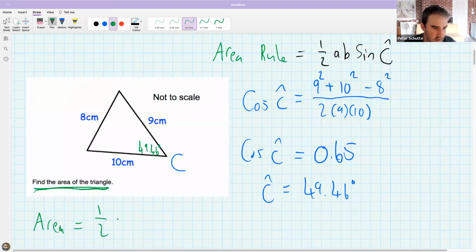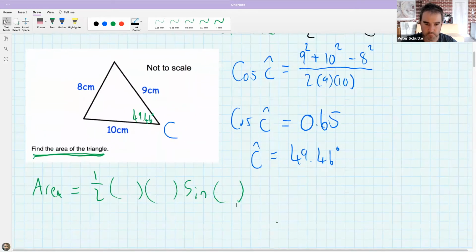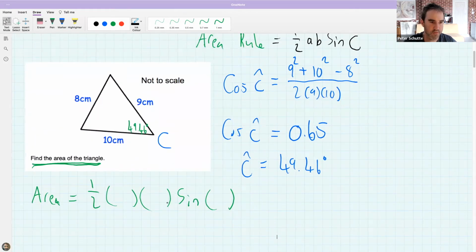To use the area rule, you are going to fill in these three pieces. What is going to go in each of these brackets? Once you've done that, pop your answer in the chat, please, so you can see how these rules can be used together. You had to find one piece and then another piece to go with it.